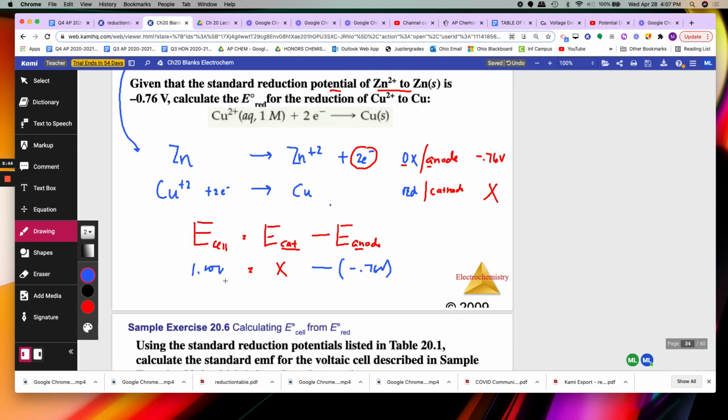Okay, so if you solve for X, you're going to get 0.34 volts.